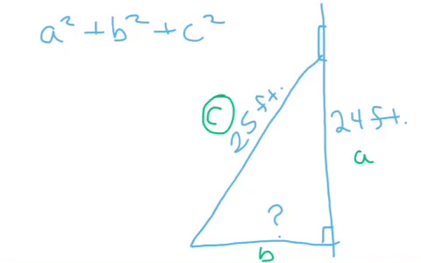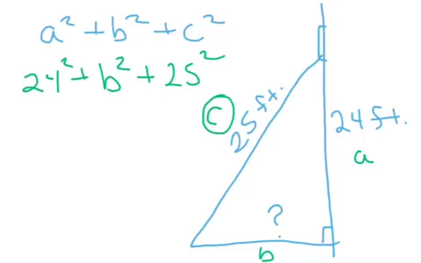A is 24, so 24 squared, plus b, we do not know what our b is, so that's our mystery number, equals 25 squared. Okay, 24 squared plus b squared equals 25 squared. And now we're simply going to solve it.